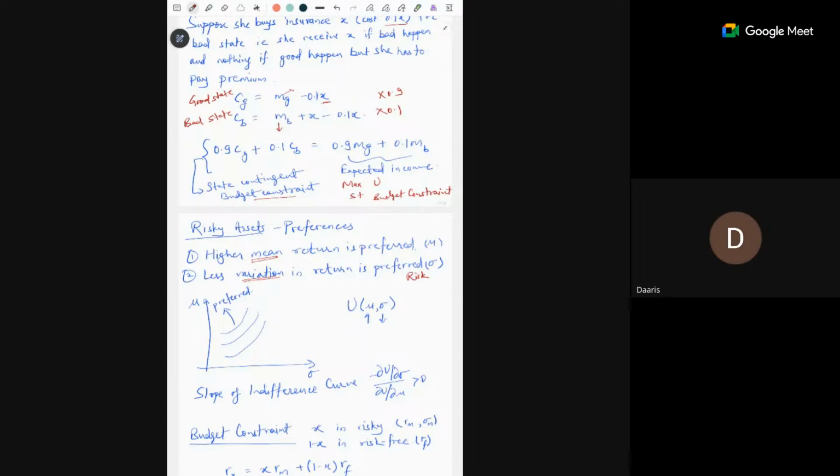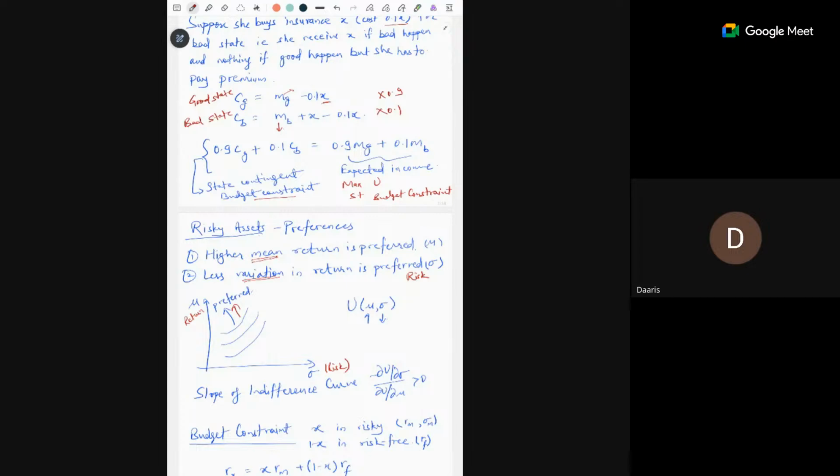If you want to draw these indifference curves in these return and risk coordinates, then these upward sloping curves will be the shape of the indifference curves, and this direction is the one which is preferred for a particular investor.